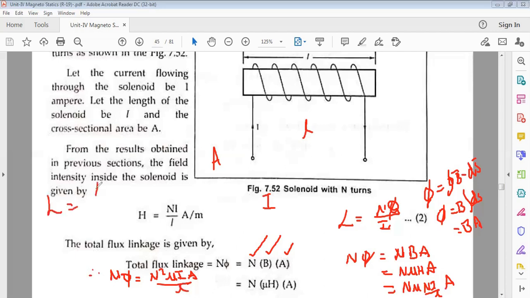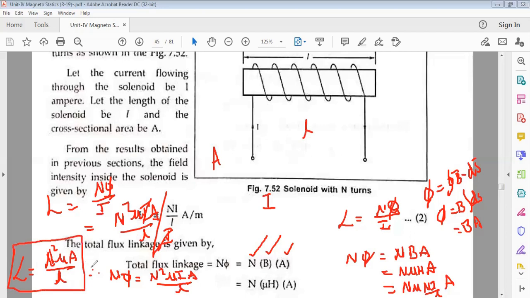L is equal to the total flux linkage by the current. N phi we got is N squared mu I A by L, whole divided by I. So I gets cancelled. Finally, the inductance L is equal to N squared mu A by L.